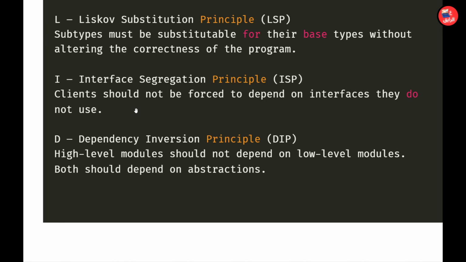Okay, so don't force your code to implement an interface that has many functions you will not use, okay? So you will put them without implementation. You will leave them empty, which is not the best practice in software engineering. Okay?